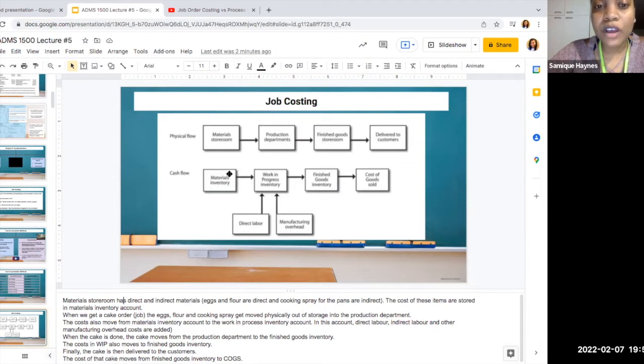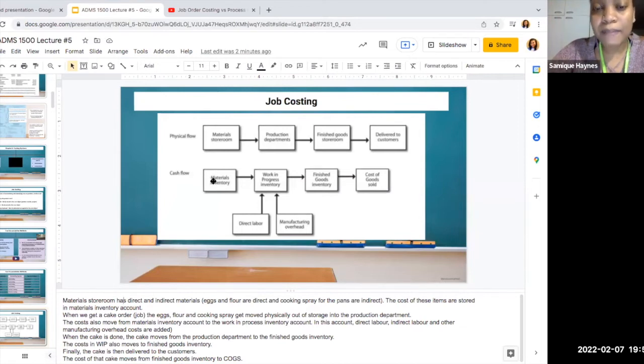Now, think of the costs. When we purchased our materials, like the eggs and the flour, the cost of these is in an inventory account called materials inventory.